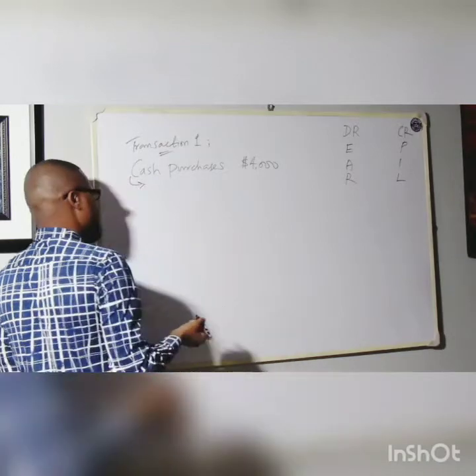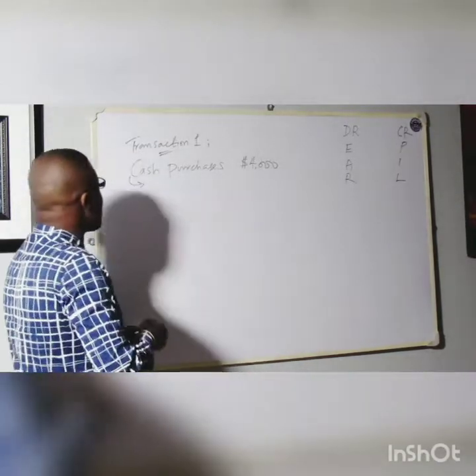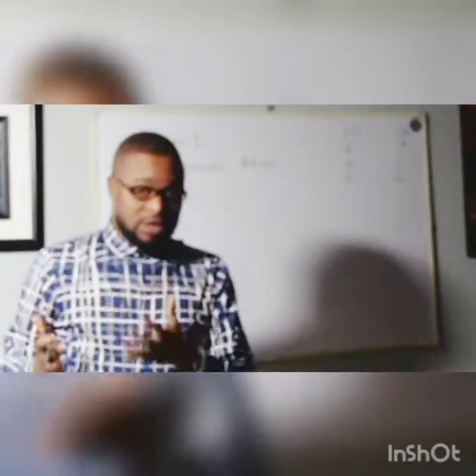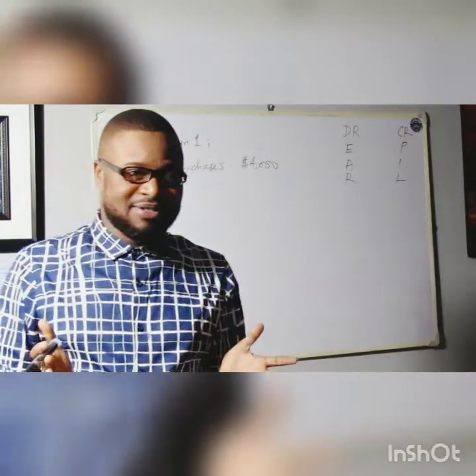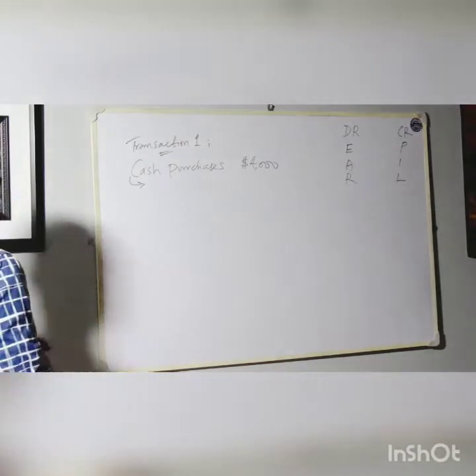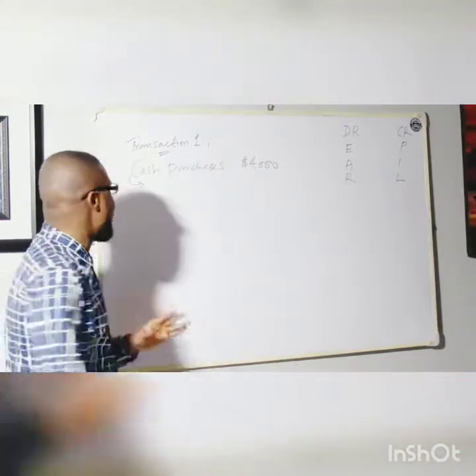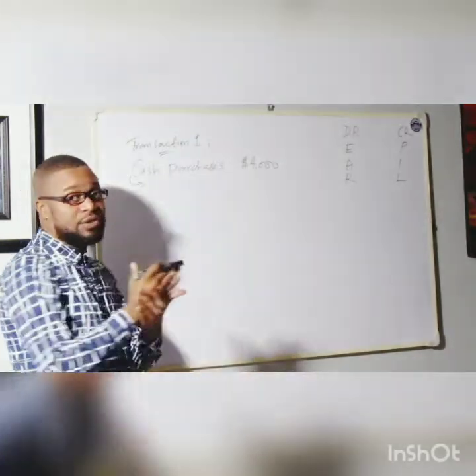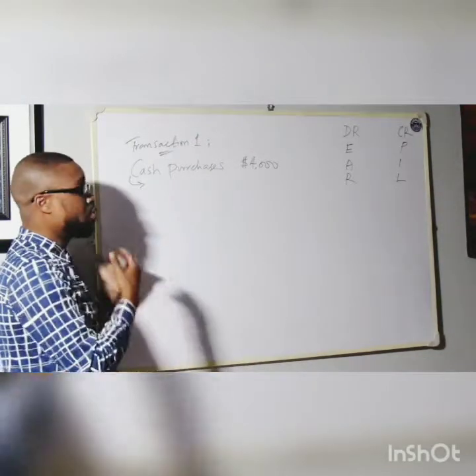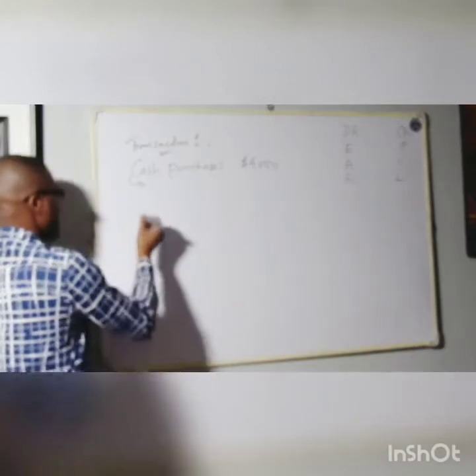I told us earlier on that whether you love this or you don't love it, it doesn't matter. At the end of the day, in accounting, there shall be basically 2 entries from every single transaction. So from this transaction, we have to create 2 entries, and that means we need to open 2 accounts. So I'll proceed and do that.